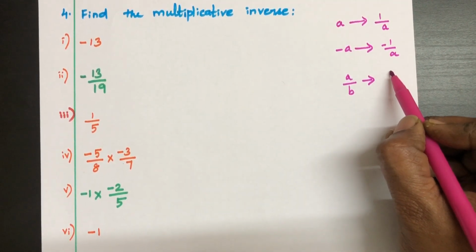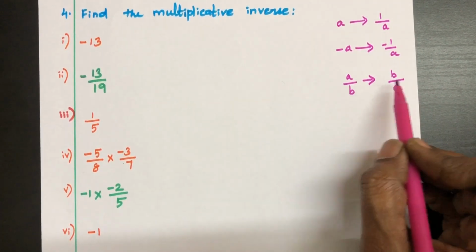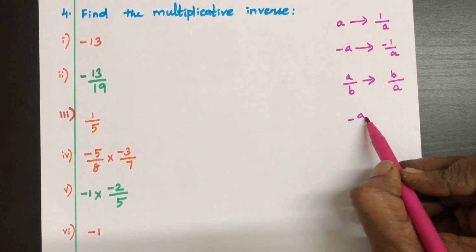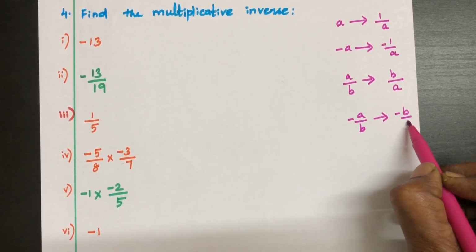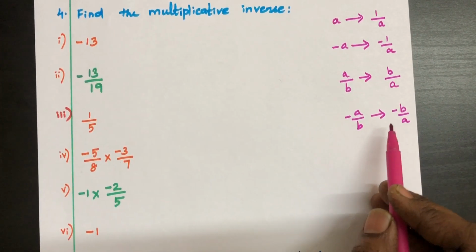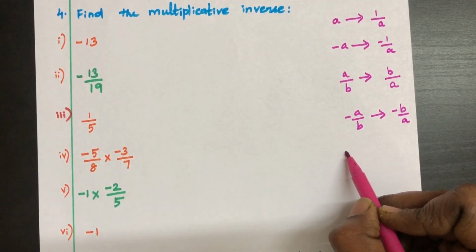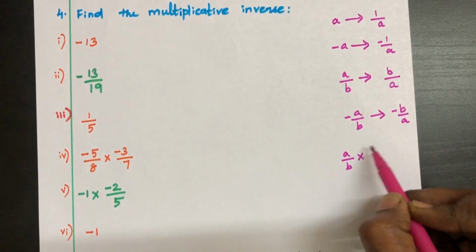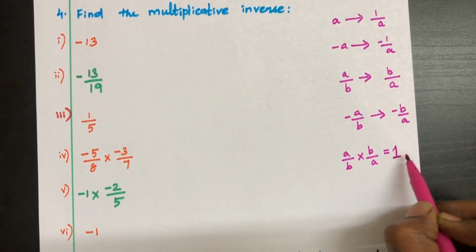Reciprocal means b by a, that's the upside down. Similarly, minus a by b means its multiplicative inverse is minus b by a. Basically, multiplicative inverse means if you multiply a by b and its inverse b by a, it should give you 1 as the answer.